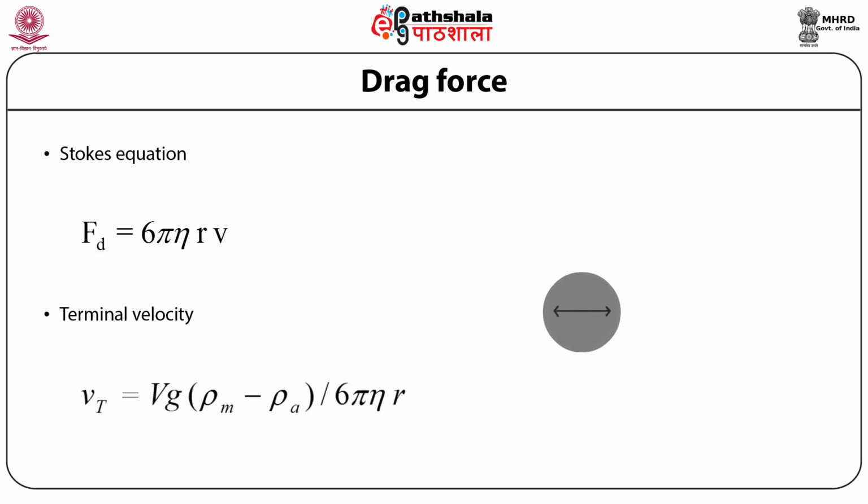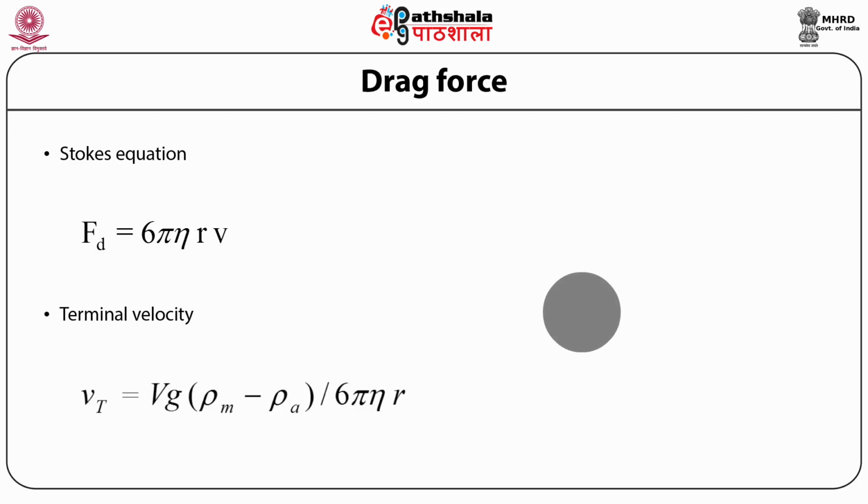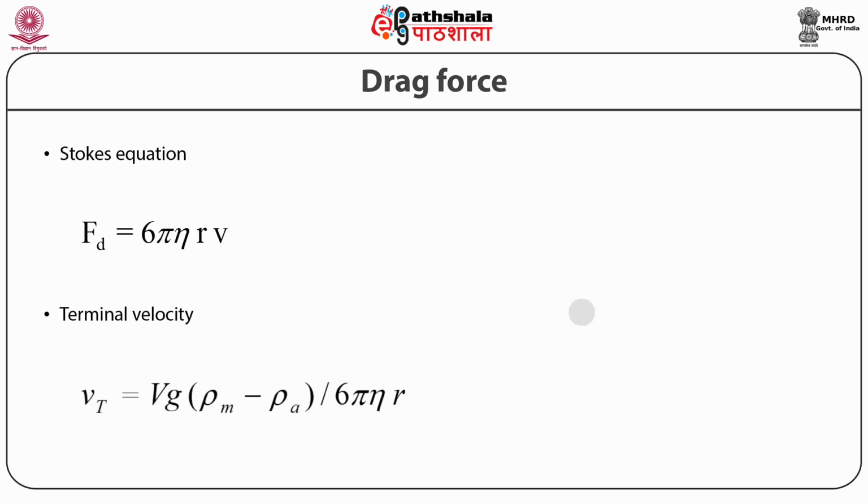If the forces are balanced, then the object attains a constant velocity towards the ground, called the terminal velocity, and it is simply given by this expression, which again depends on the viscosity of the fluid and the difference between the density of the object and the fluid, and nothing more.